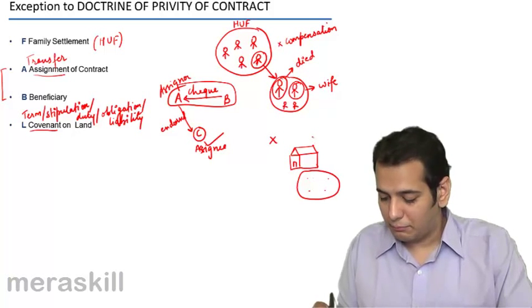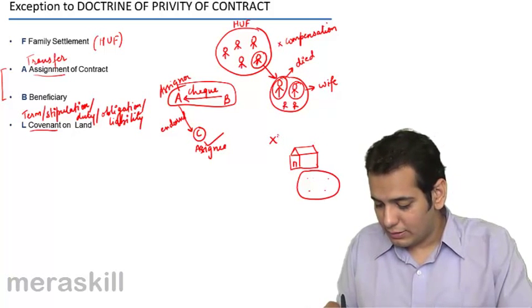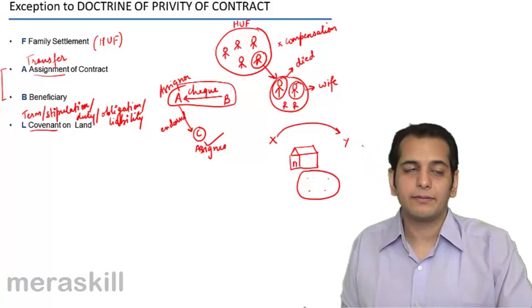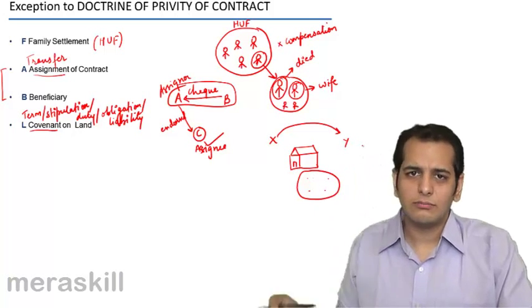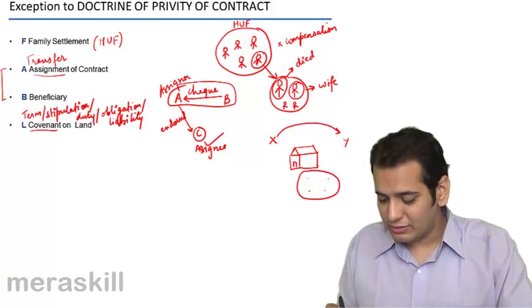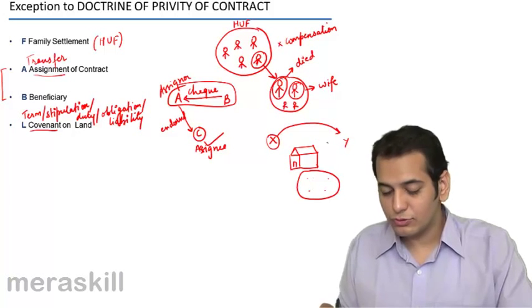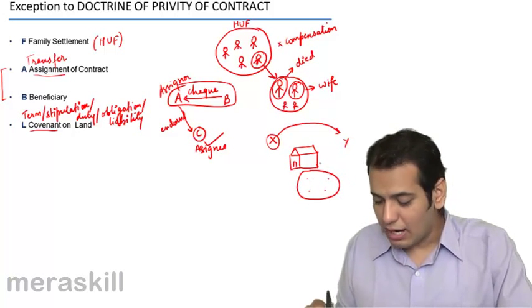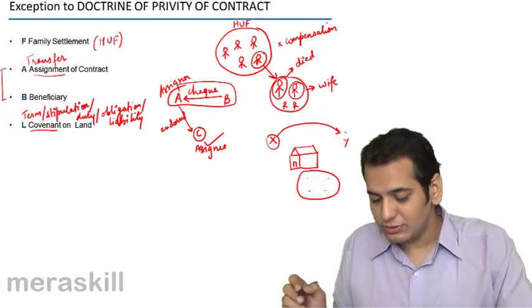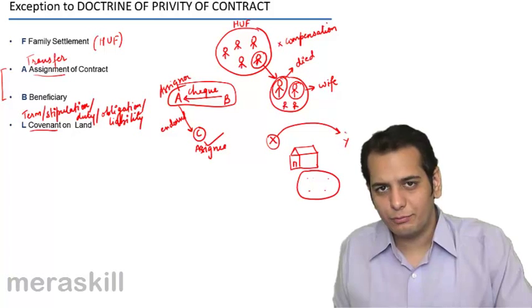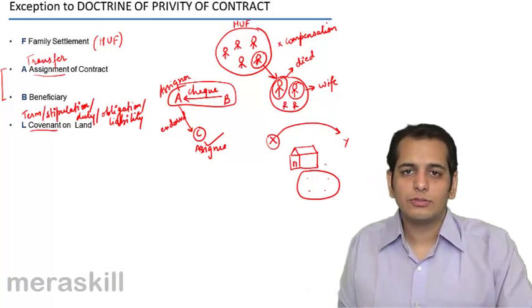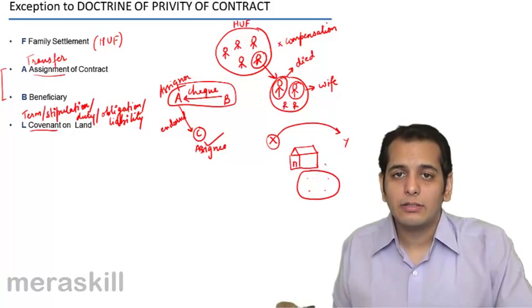This house belonged to X and he entered into a contract to sell this house to Y for some pounds. But since X was very much attached to this property and the garden, he put a condition in the agreement, in the contract with Y, that the garden before this house should never be developed.